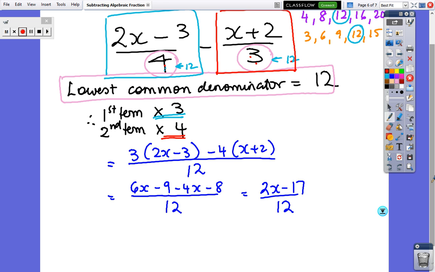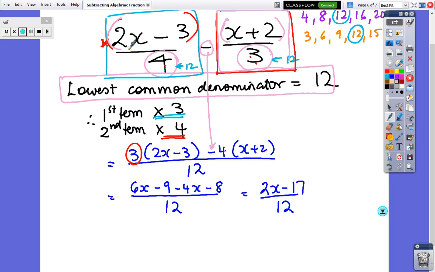So this first number in the blue box is being multiplied by 3. Okay, so that number up the top is being multiplied by 3. The minus sign comes down, and then the number in the box is being multiplied by 4, so there's the 4, and then you write down x plus 2.